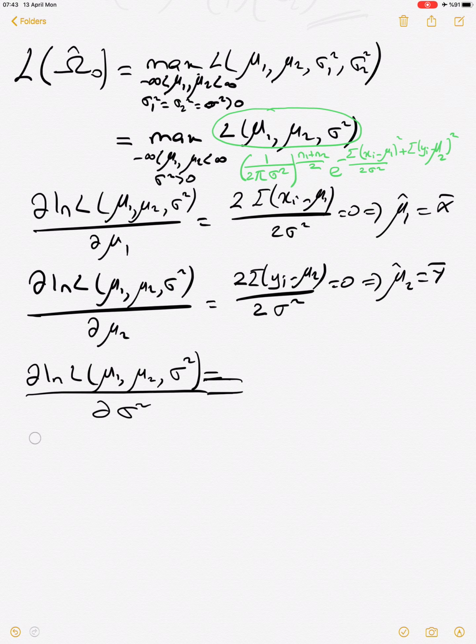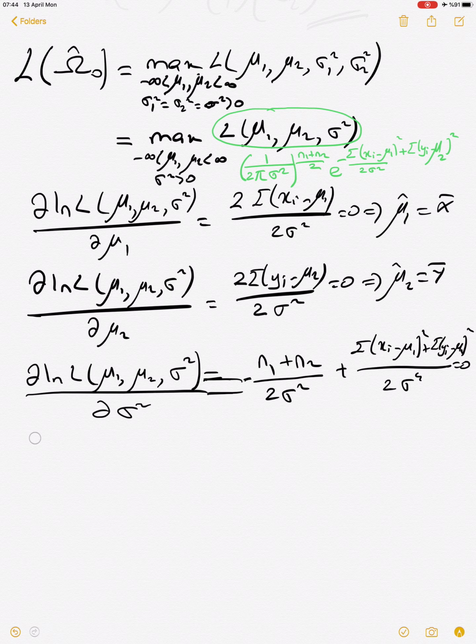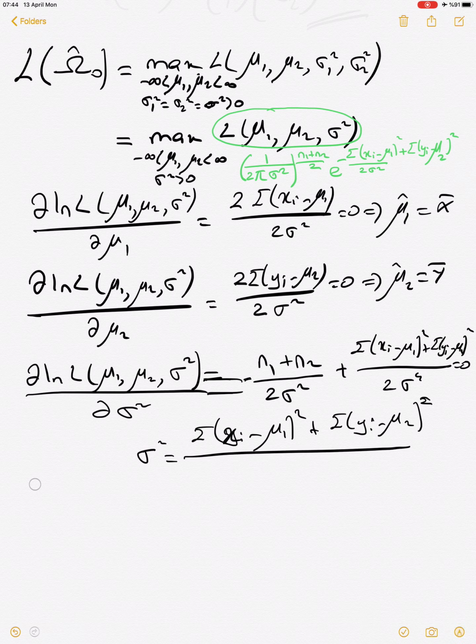Then we will have minus n1 plus n2 over 2 sigma square, plus summation xi minus mu1 square plus summation yi minus mu2 square divided by 2 sigma to the 4, equate this to 0, and we will end up with sigma square equals summation xi minus mu1 whole square plus summation yi minus mu2 whole square divided by n1 plus n2.